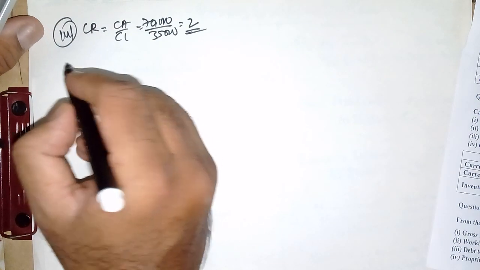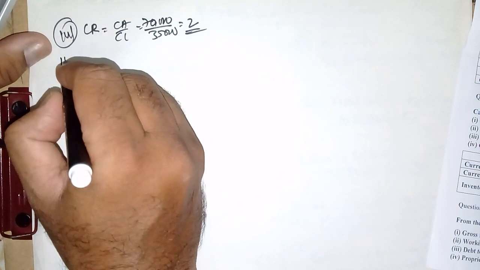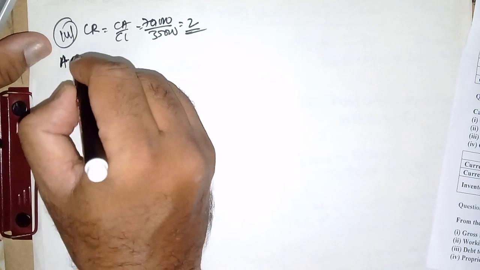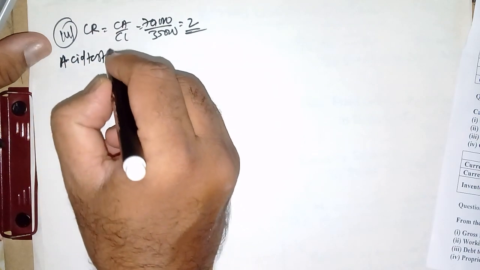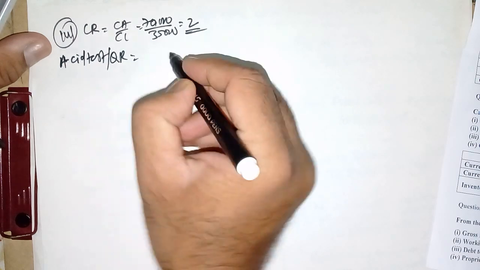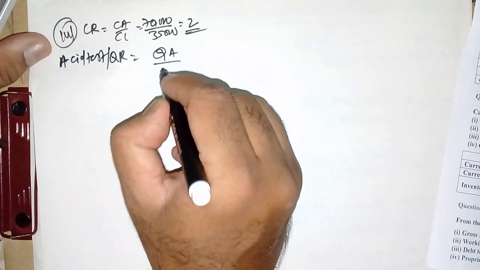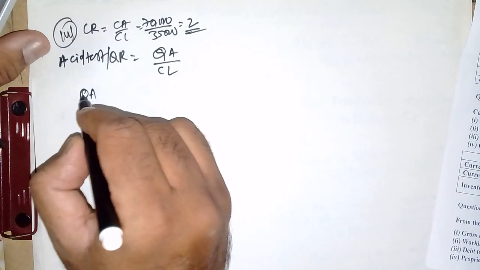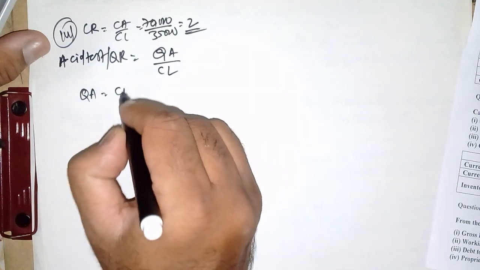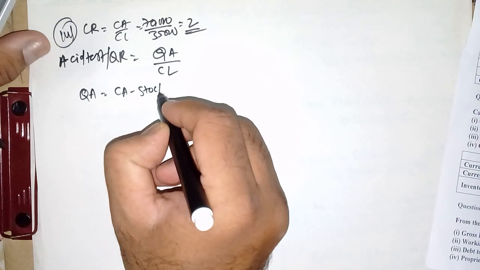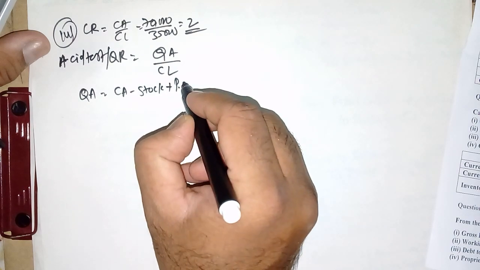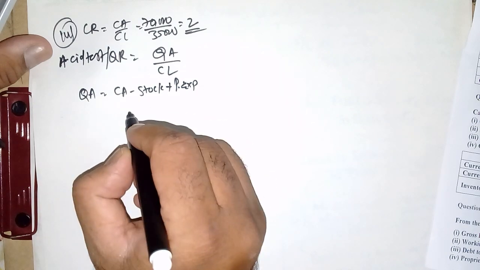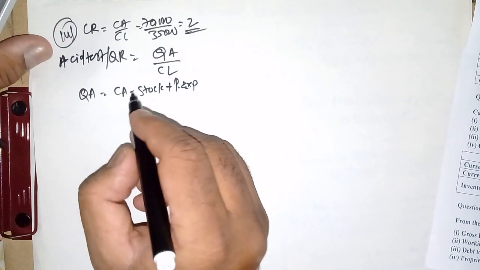Next is the acid test ratio or quick ratio. Acid test or quick ratio, one and the same: quick assets by current liabilities. Quick assets is equal to current assets minus stock plus prepaid expenses. In this case we have not been given prepaid expenses, therefore we will deduct only stock.